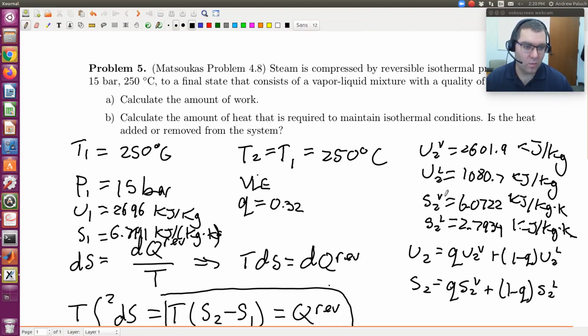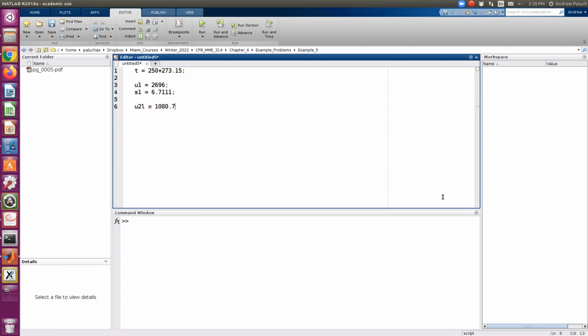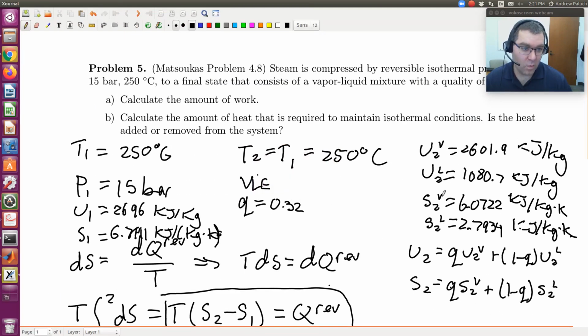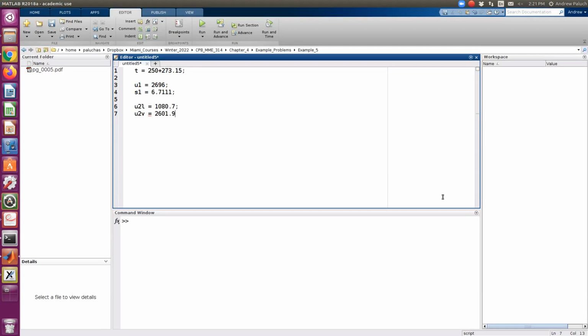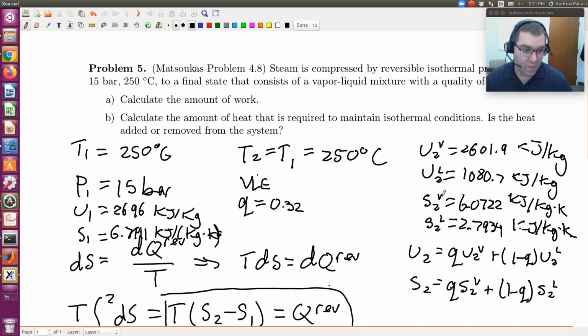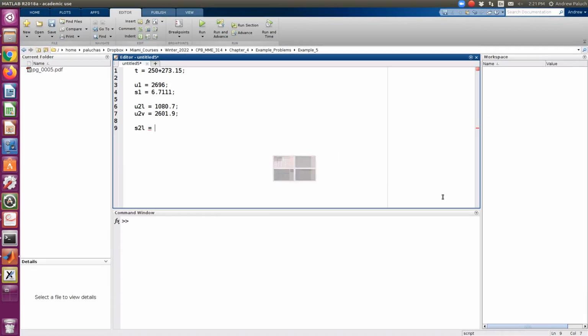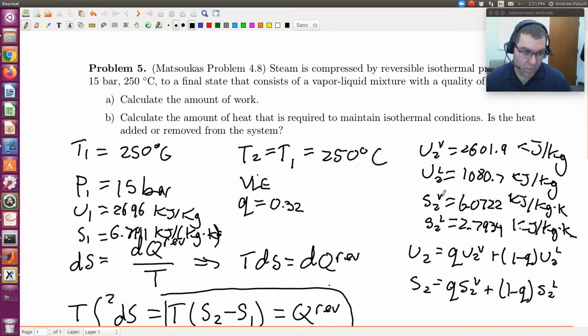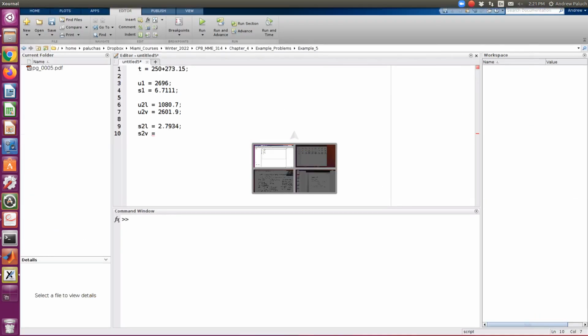So U2 liquid is 1080.7, U2 vapor is 2601.9. I'll have entropy of my liquid 2.7934, and S2 of my vapor would be 6.0722.